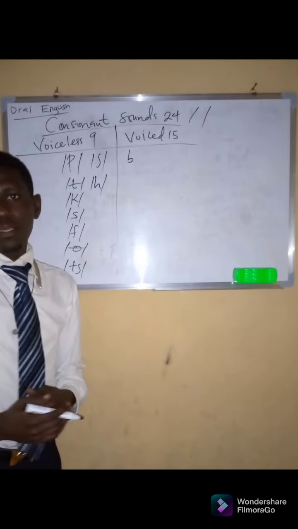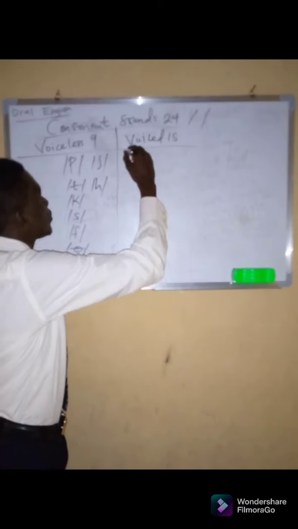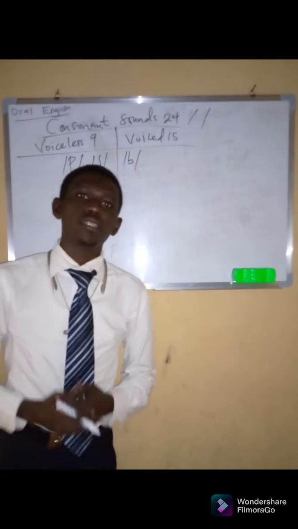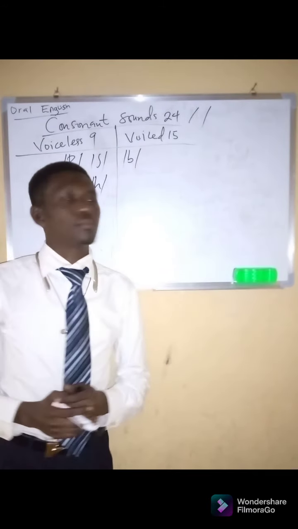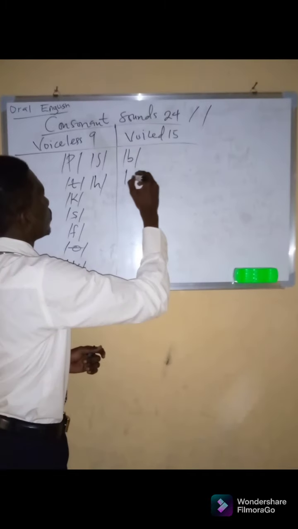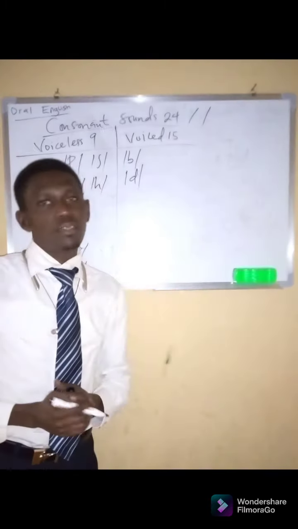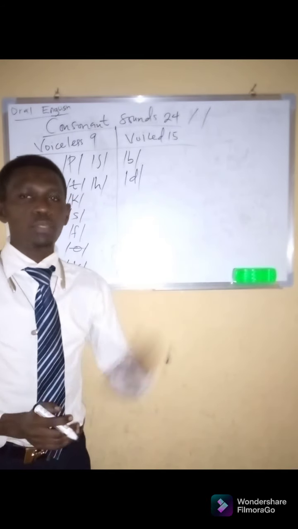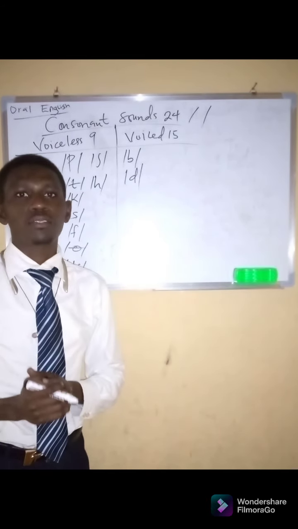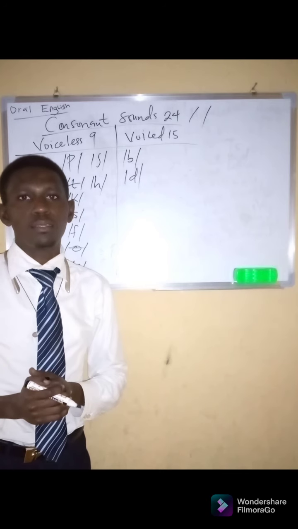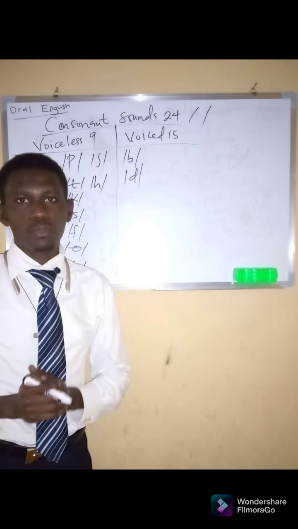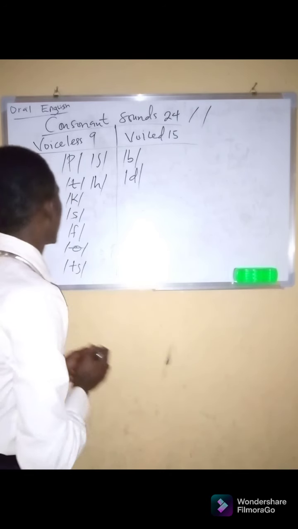The letter B, but the moment we add the two slanted lines, it automatically changes to the sound B. Without the two slanted lines, it is letter D, but with the two slanted lines, it is pronounced D. It is the D sound.